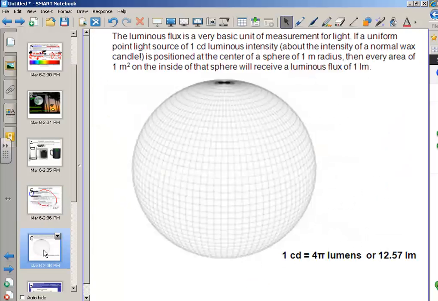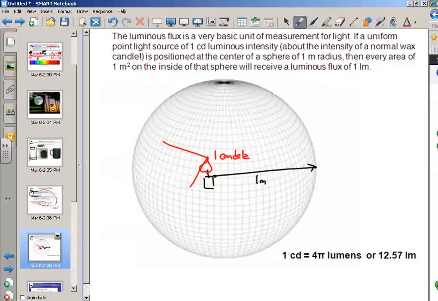I've got this sphere here, and imagine this is the sphere that is 1 meter in radius. So from the very interior center, it's 1 meter. And in the interior center, let's say I've got a candle, and let's say that candle is 1 candela. That's roughly what a candela is, the light given off by 1 candle. This candle is giving off light in all directions.